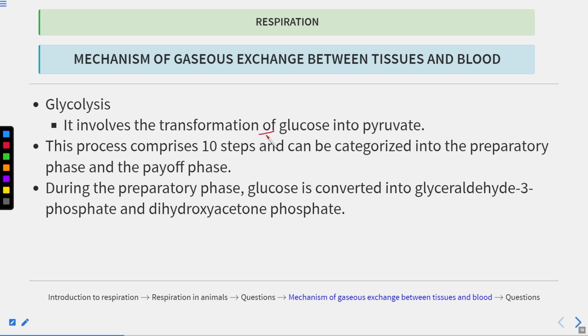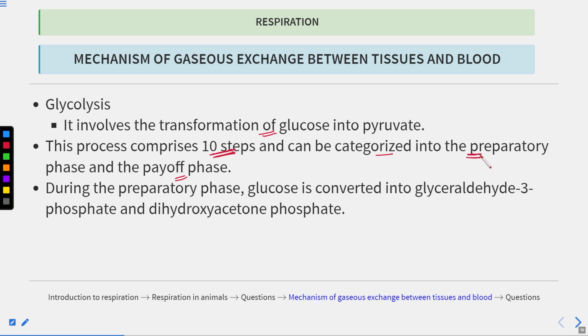It involves the transformation of glucose to pyruvate and it involves 10 steps. So it is a multi-step process. It involves a lot of enzymes also, and the whole of glycolysis takes place in 10 steps and can be characterized into the preparatory phase and the payoff phase.